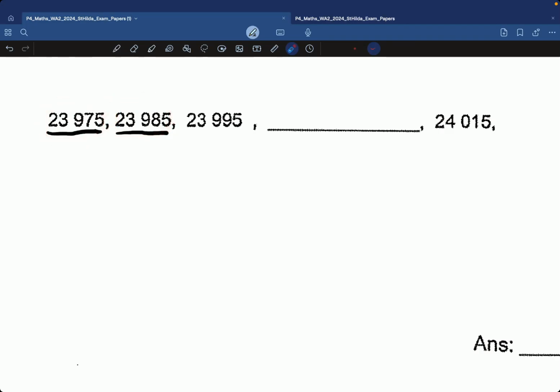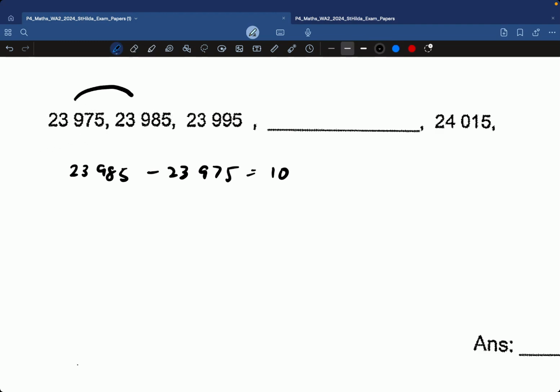If your answer is 75 and then 85, you're right. If you were to subtract 23,985 minus 23,975, the answer is 10. So the difference between these two numbers is 10. That means from the first number to the second number, we're going to add 10.